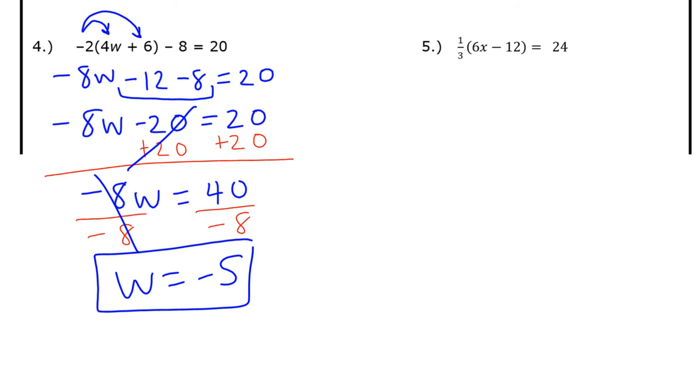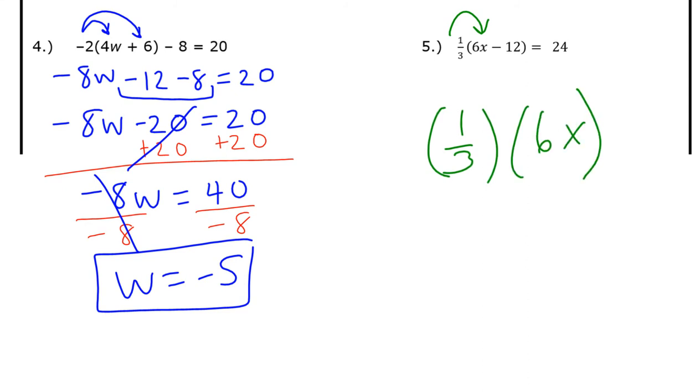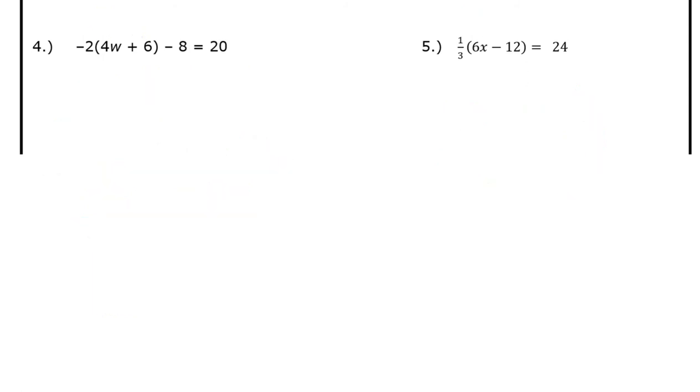All right, let's try this again, distributing here, but this time let's distribute a fraction. So we're going to multiply 1/3 times 6x. That's what we're doing, right? And when you multiply a fraction, you can only multiply numerator times numerator and denominator times denominator. So when I multiply 1/3 times 6x, I'm going to multiply 1 times 6, but not 3 times 6.